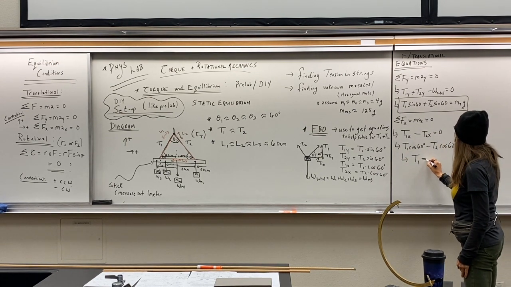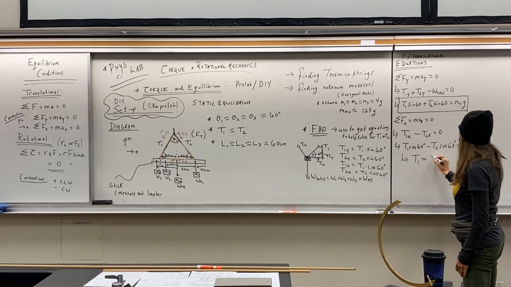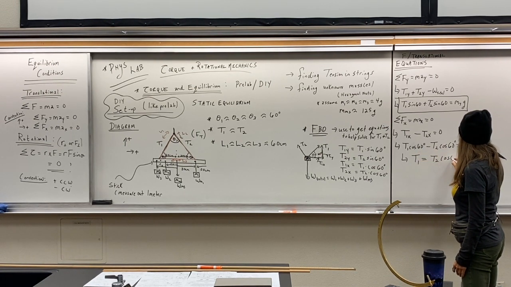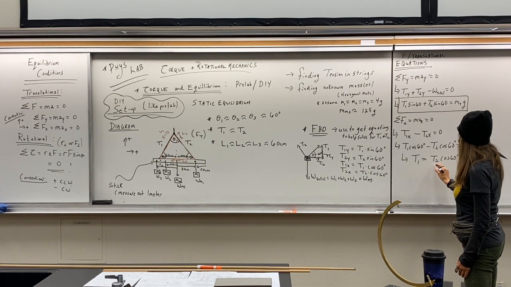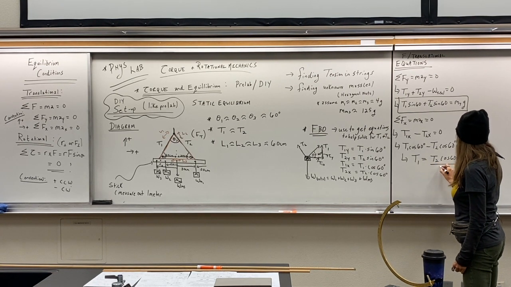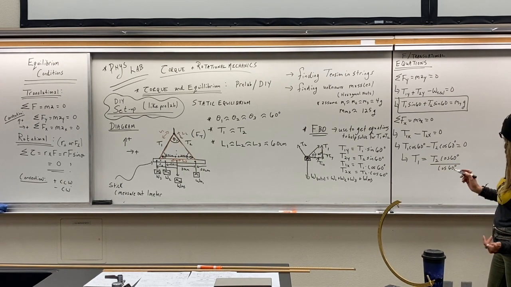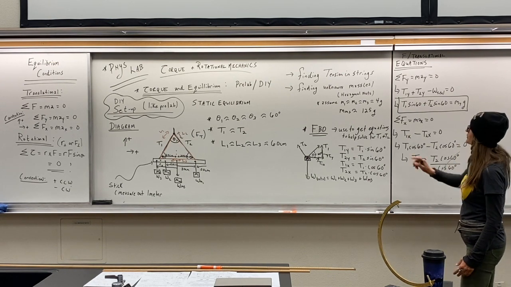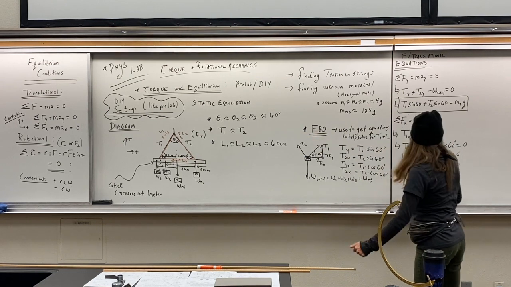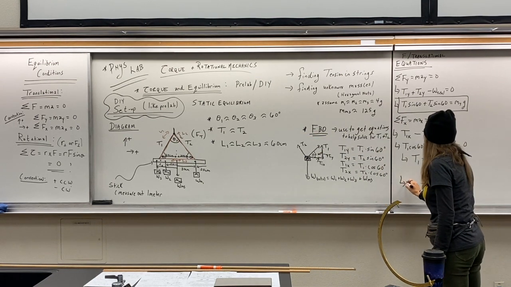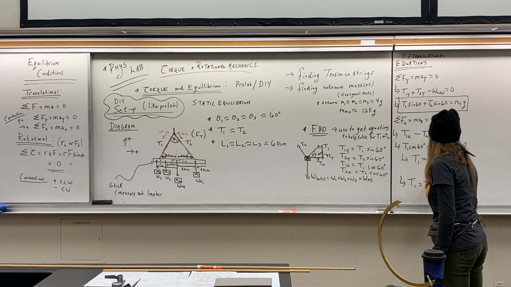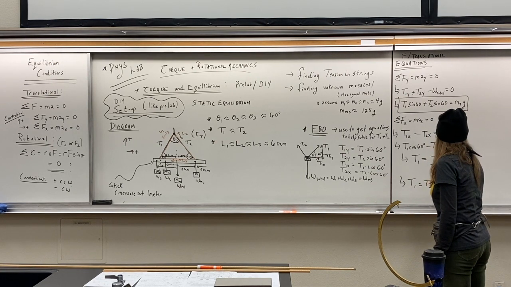I could say T1 equals T2 times cosine 60 degrees divided by cosine 60 degrees. So we can see that these should be equal, which we assume also in the setup. So we know that T1 equals T2, and we get to say that's T.